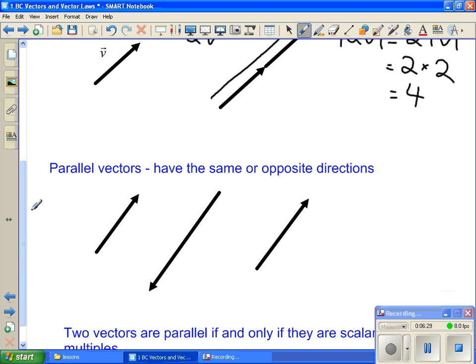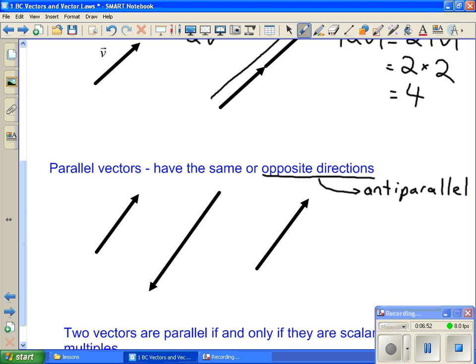Parallel vectors are vectors that have either the same direction or opposite directions. A word that you'll hear me use when they have opposite directions, I'll sometimes refer to them as anti-parallel. It means that they are parallel, but they go in opposite directions.